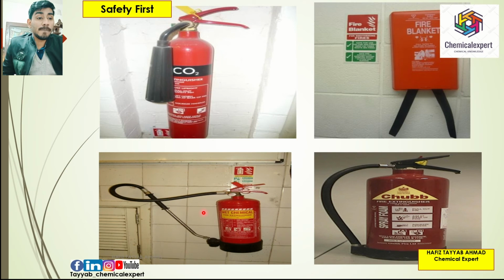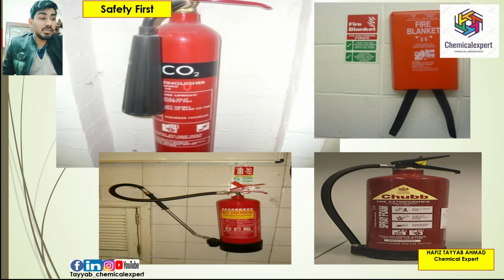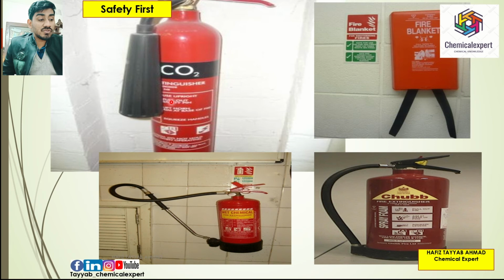Let's move on. There are four major kinds of fire extinguisher. One is the carbon dioxide fire extinguisher. You can see carbon dioxide mentioned over here, as well as which kinds of fire it is suitable for, so you can read.